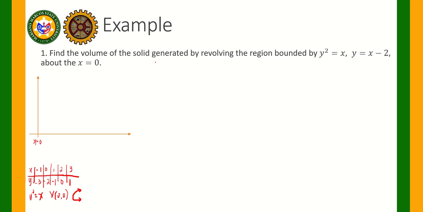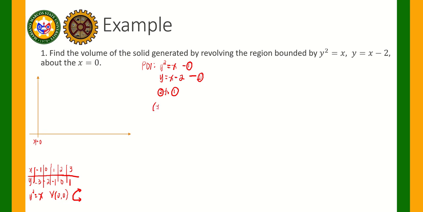So first, let's solve for the point of intersection. So we have y squared equal to x and y equal to x minus 2. So if we are going to substitute x minus 2, okay, so this is equation 2, this is equation 1. So substitute natin si equation 2 to equation 1.